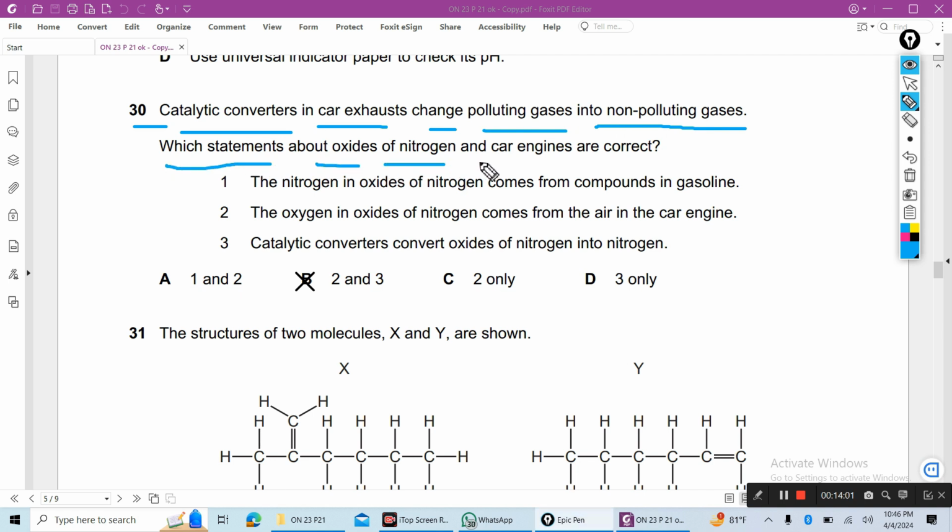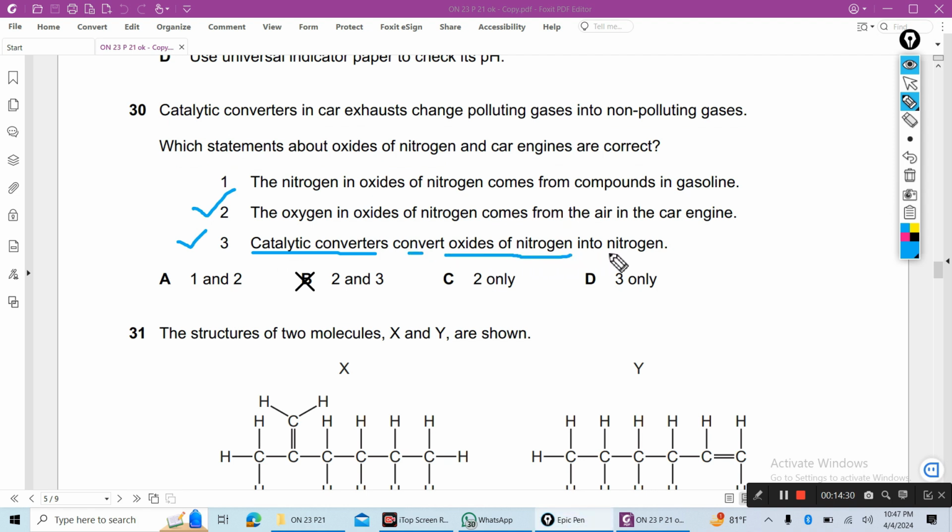The oxygen in the oxides of nitrogen comes from the air. Nitrogen reacts with oxygen to produce nitrogen monoxide or nitrogen dioxide. That oxygen comes from the air in the car engine. So 2 is correct. And 3, catalytic converters convert oxides of nitrogen into nitrogen.